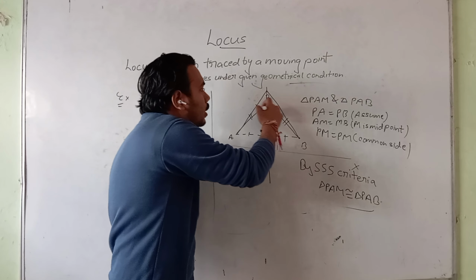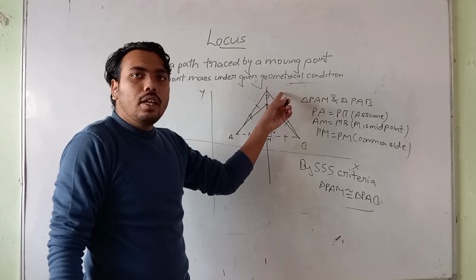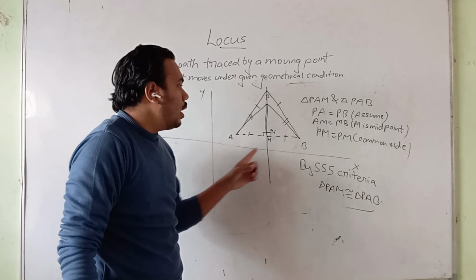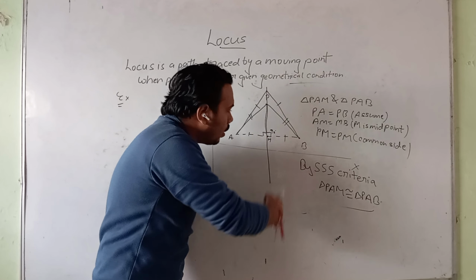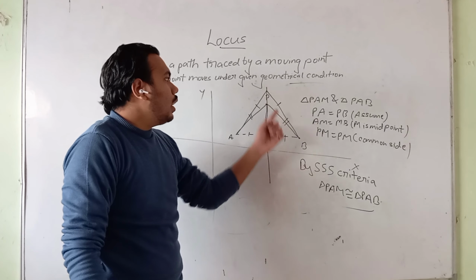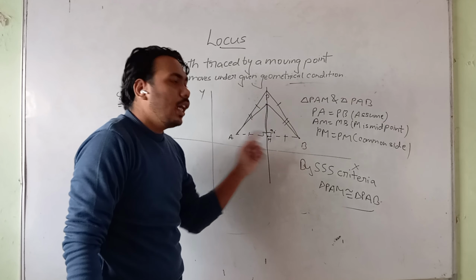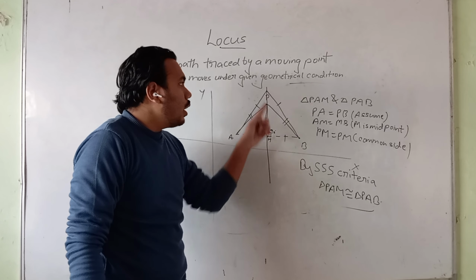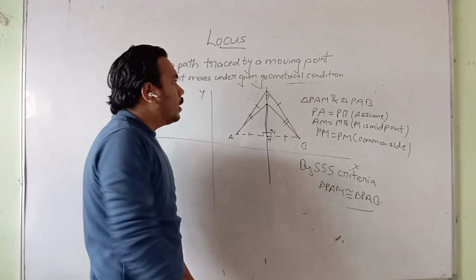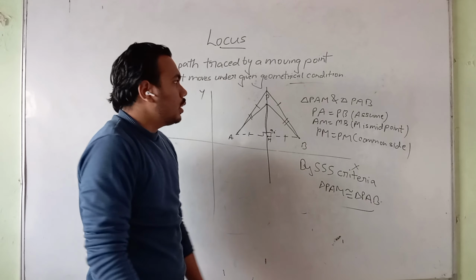Then I can say that these sides are equal. Therefore, any point on this line is equidistant from A as well as B. Therefore, the point can move only on this line, because I have proved that a point which is equidistant possesses a right angle, and a point on this line possessing a right angle is equidistant.